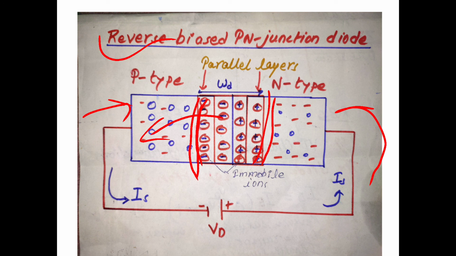These immobile charge ions will act as the dielectric medium, and this junction of the diode will act as a parallel plate capacitor, where the capacitance of this junction will be indicated by CT.